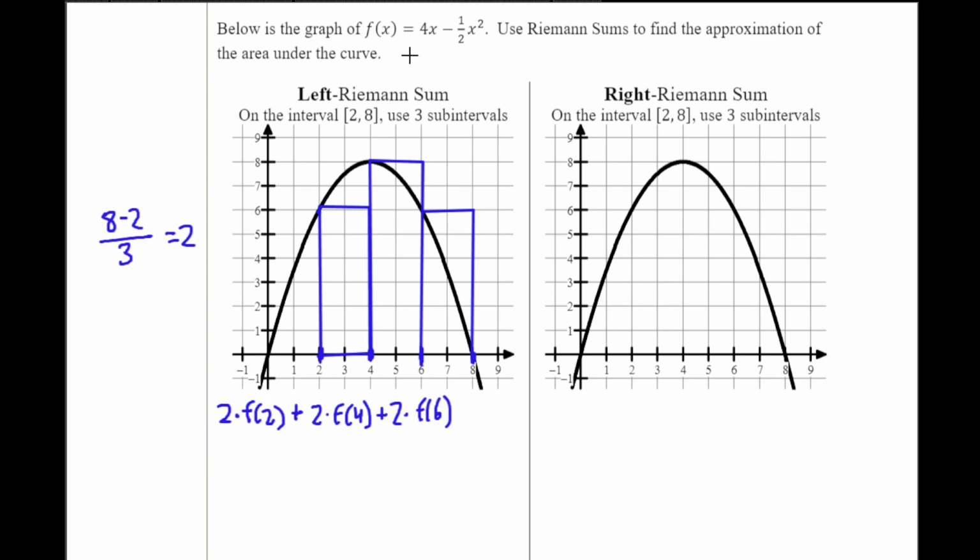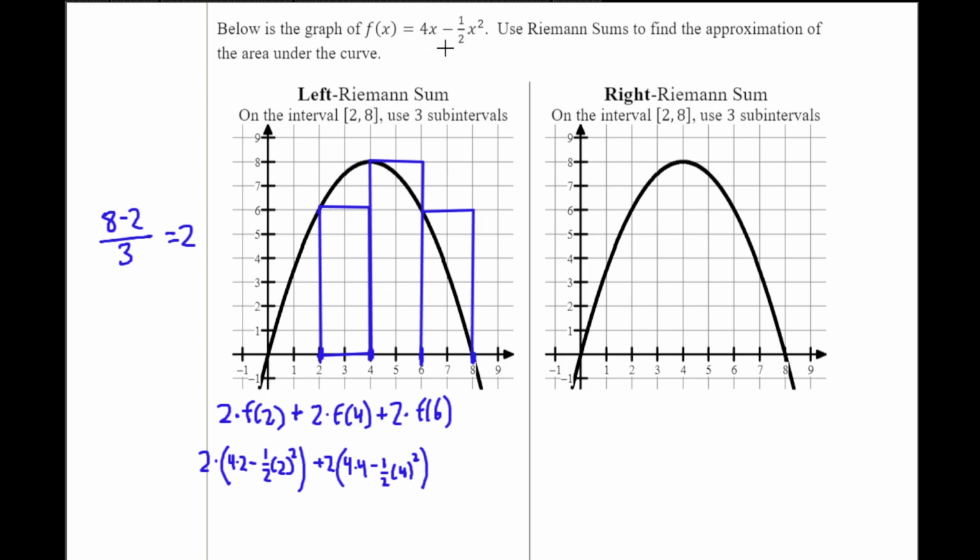Now if we find f of 2, f of 4, and f of 6, we have 2 times, plugging the 2 in, 4 times 2 minus 1/2 times 2 squared, plus 2 times 4 times 4 minus 1/2 times 4 squared.